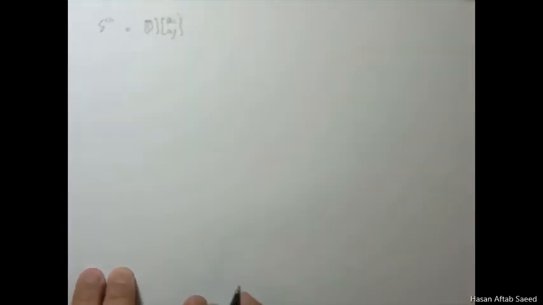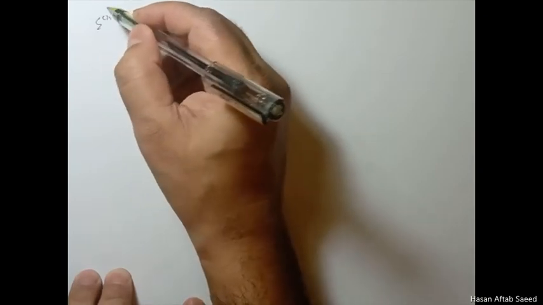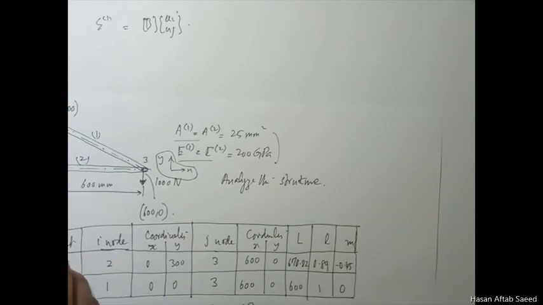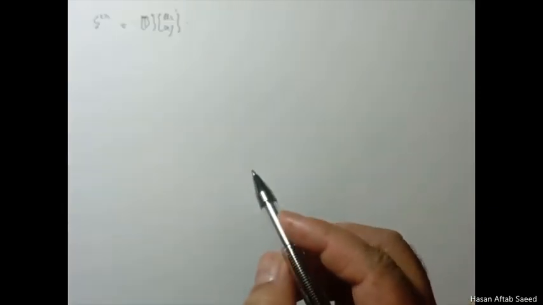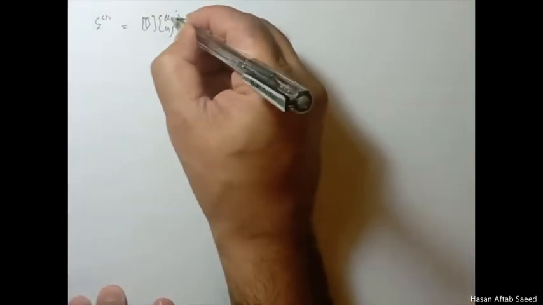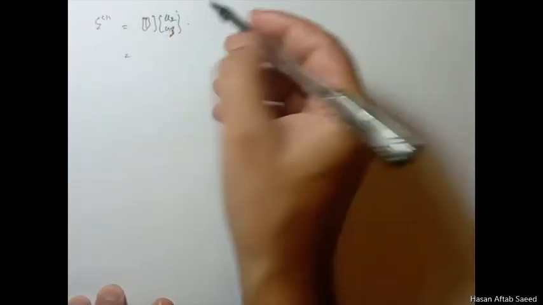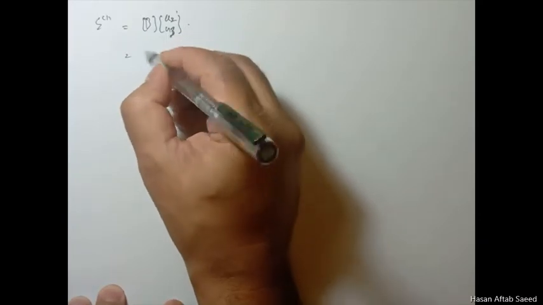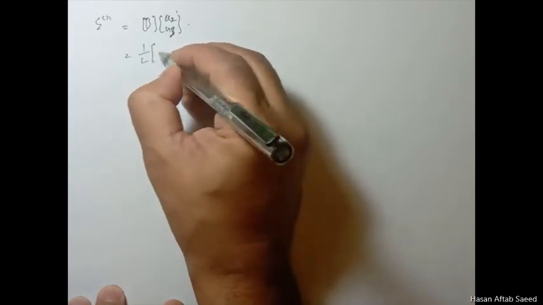For element 1, ui uj means u2 and u3, and b for these problems is 1 over L times minus 1, 1.